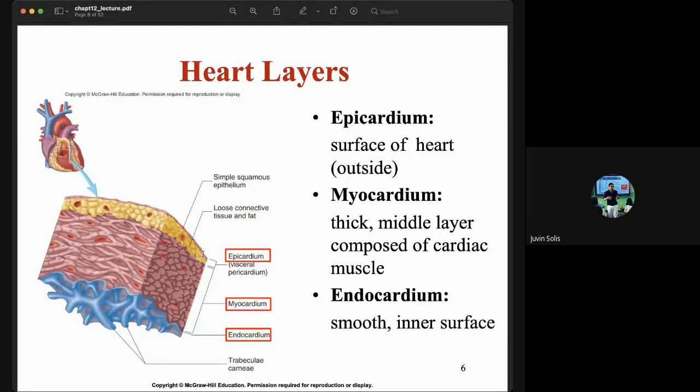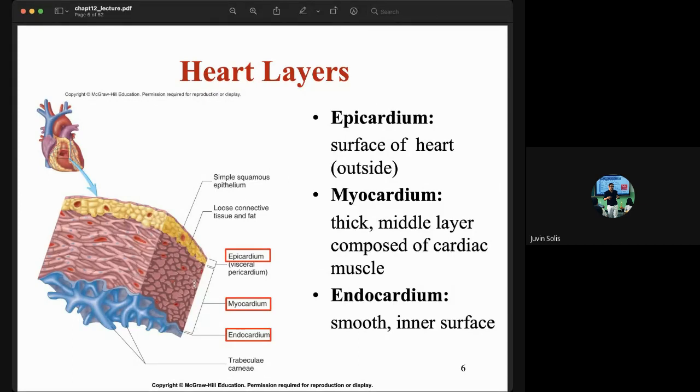In terms of the layers of the heart, just like our typical skin, they also have layers. So the upper part here, this is what we call your epicardium, the topmost layer of the heart, which is on the outside.